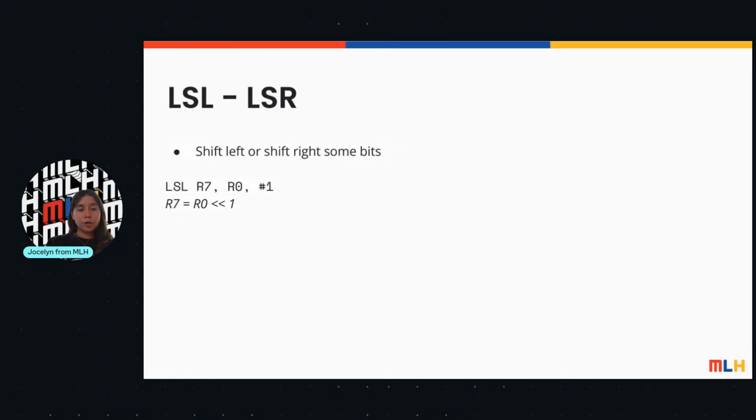How this works: you type LSL and then the register where you want to store your result, and then R0, and then the number of bits that you want to shift it. So in this case, I want to shift register 0 by 1 bit to the left. So all the bits will be shifted 1 position to the left. And if you do LSR, then all your bits will be shifted one position to the right.